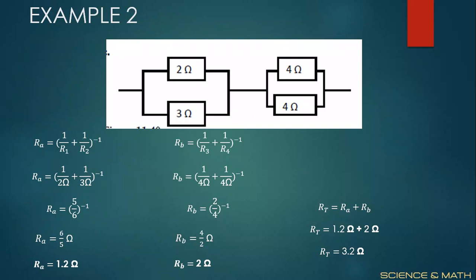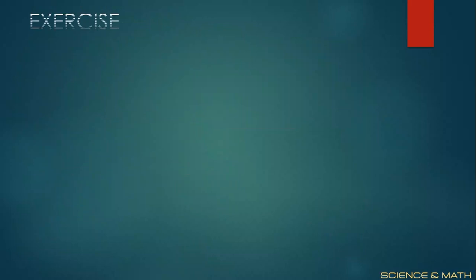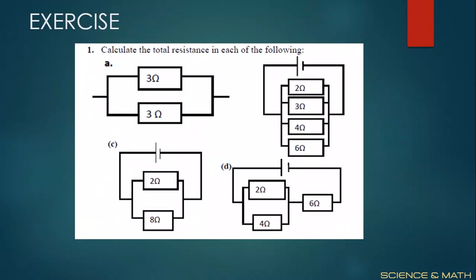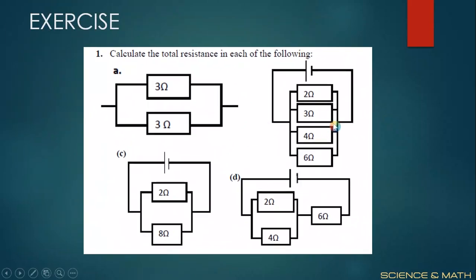Lastly, I'll just leave you with a simple exercise. There are these 4 questions here. Can you calculate the total resistance in each of the following circuits? So we have A, which has 3 ohm as resistor 1 and 3 ohm as resistor 2.